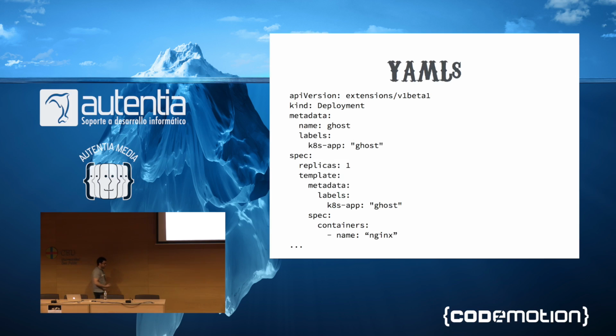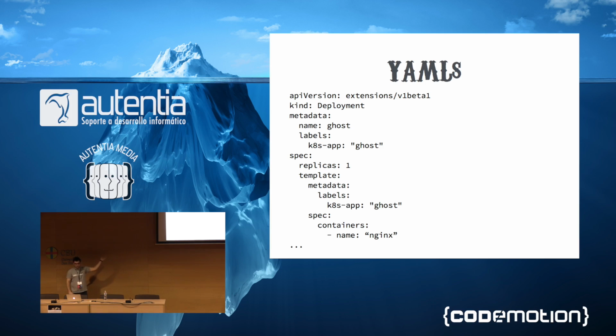Cool. I was talking about the YAML files before and how you define the things that you're running in your cluster. And this is a small example. This is not a full example, it's just a bit. Actually, it's on the internet. If you search for Ghost Nginx Kubernetes, it's going to appear. Basically, you say that you want to create a deployment. You add some metadata to your file.